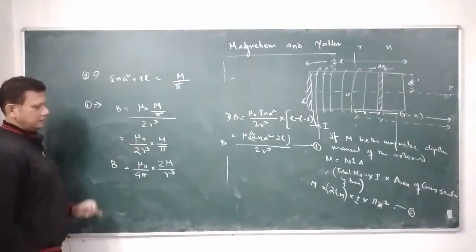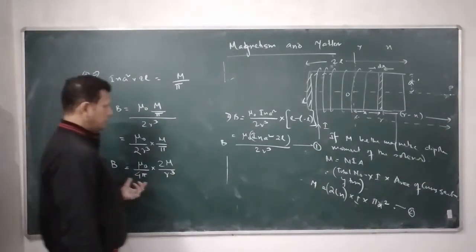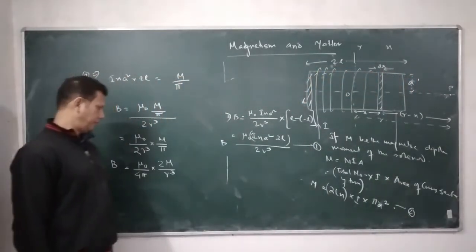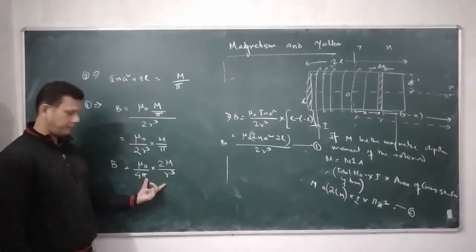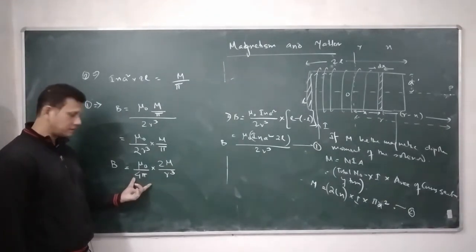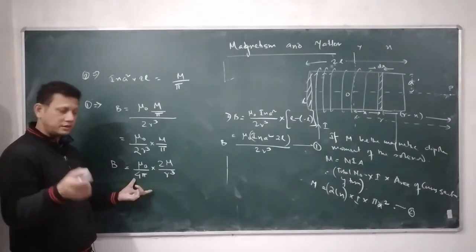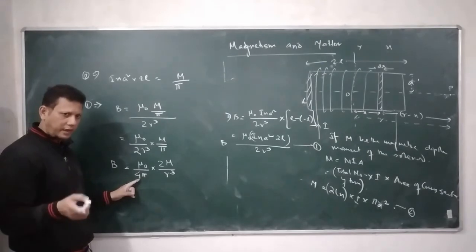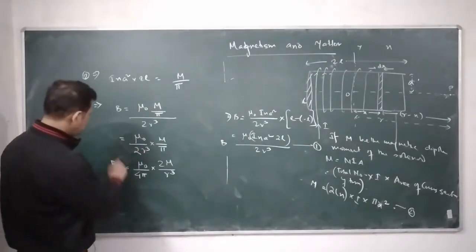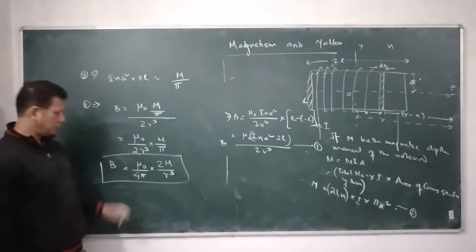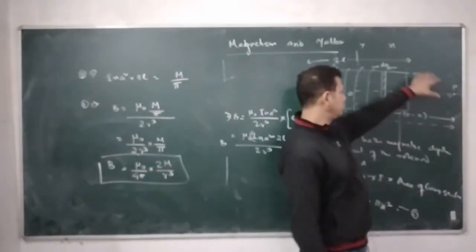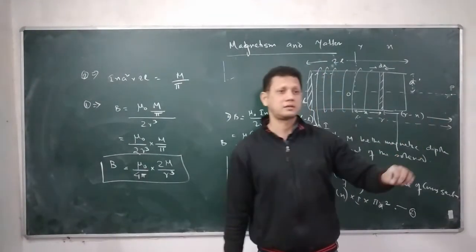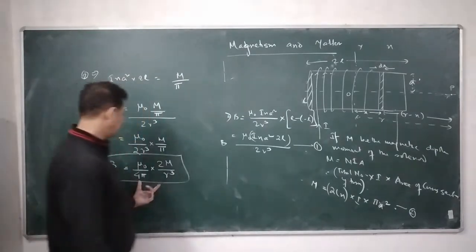Lastly, you got this equation, which represents the magnetic field at point P due to the whole solenoid. And this term also represents the magnetic intensity at any point on the axis of a bar magnet. So the magnetic field at point P due to a solenoid and the magnetic field at any point on the axis of a bar magnet are exactly equal.